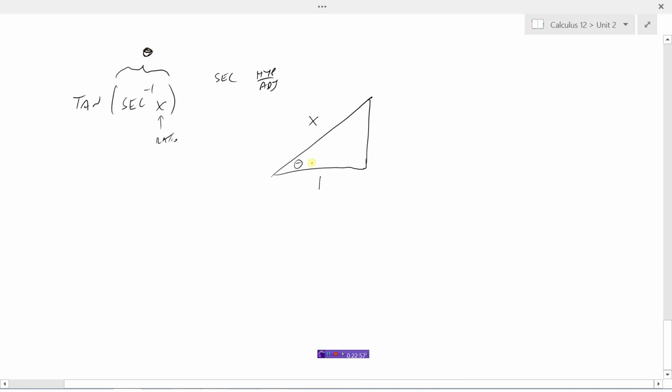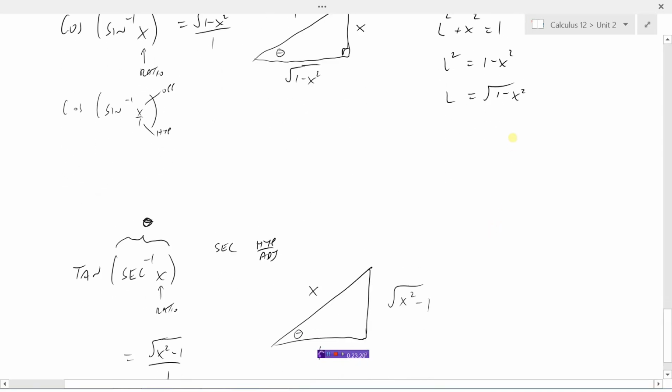So tan is opposite over adjacent. So again, we don't have this side, but we can find it. It would be the square root of x squared minus 1. So the tan theta would be root x squared minus 1 all over 1.